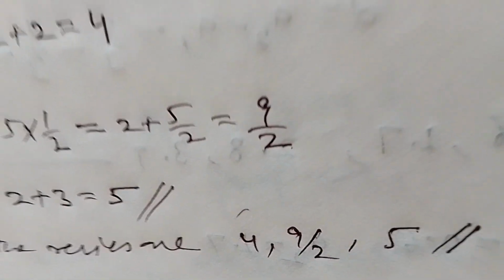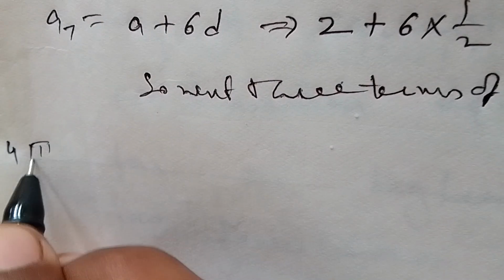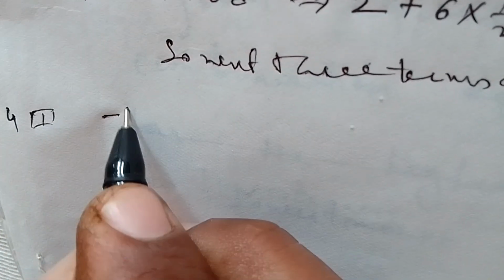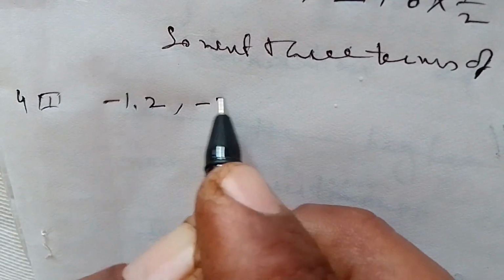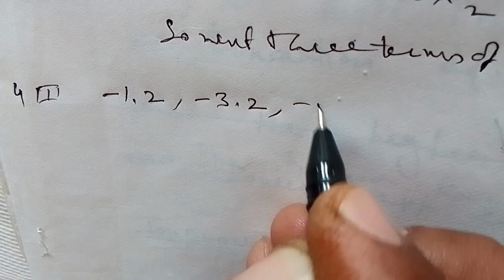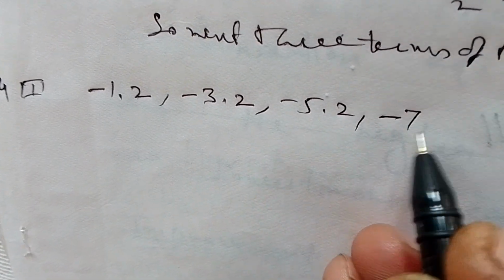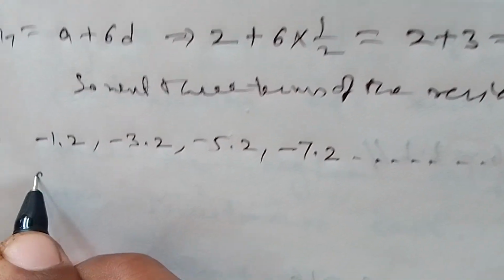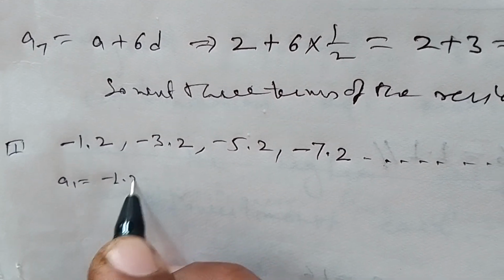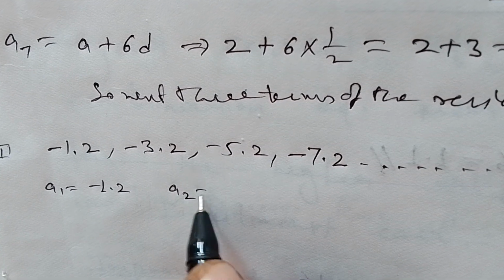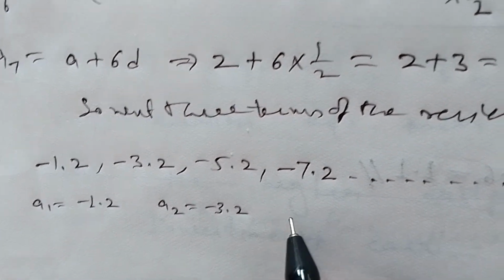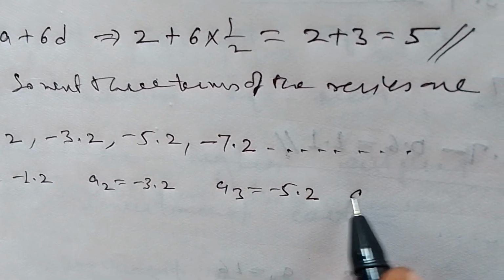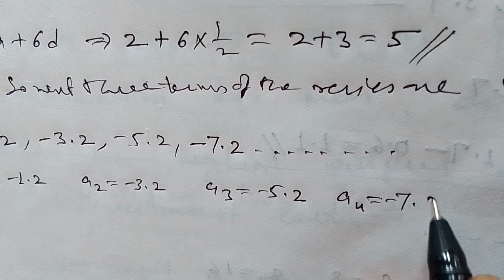Now the third part of the fourth question of exercise 5.1 is minus 1.2, minus 3.2, minus 5.2, minus 7.2 and so on. So here A1 comes out to be minus 1.2, A2 minus 3.2, A3 minus 5.2 and A4 minus 7.2.